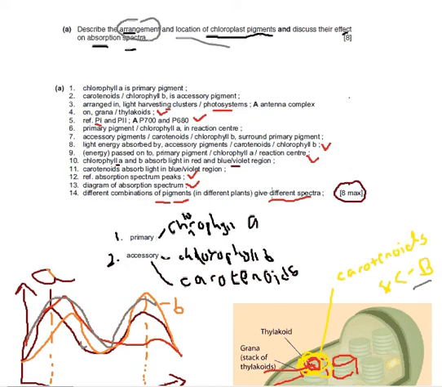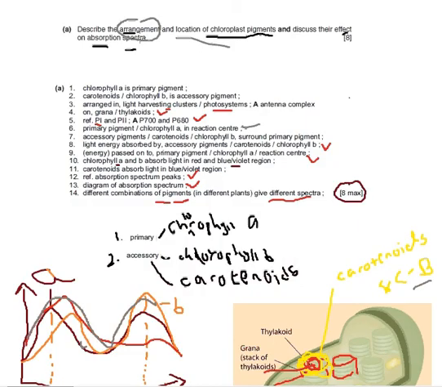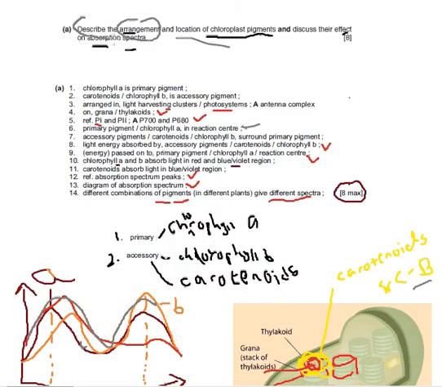So we also have to add to the things we already mentioned that chlorophyll A is in the reaction center inside. These two are normally the same thing, arrangement and location. How are they arranged and how are they located? The arrangement is this is inside, that is outside. The location is in the thylakoid, and the reaction center is primary pigment chlorophyll A. So that's the idea behind this statement over here.